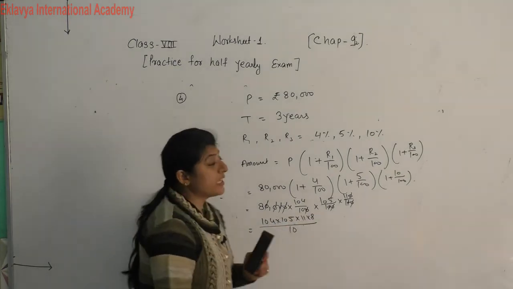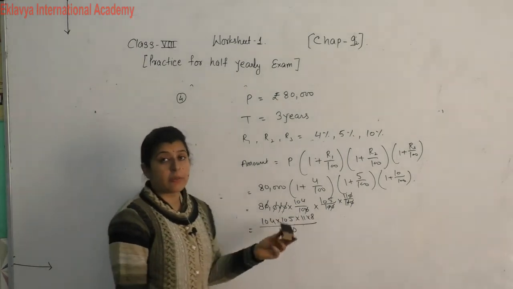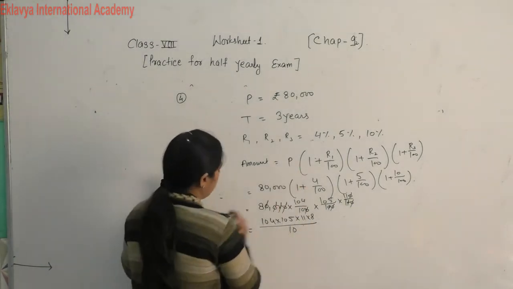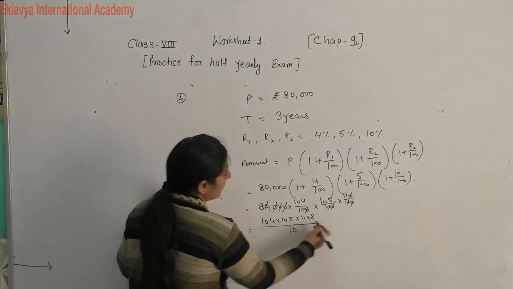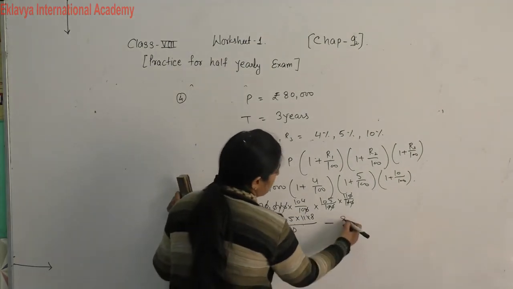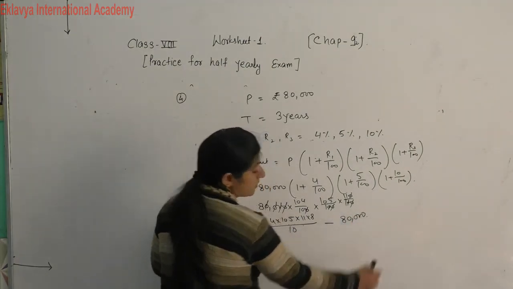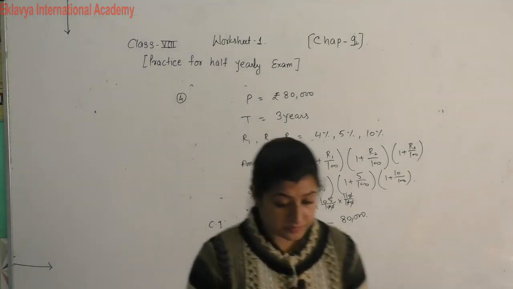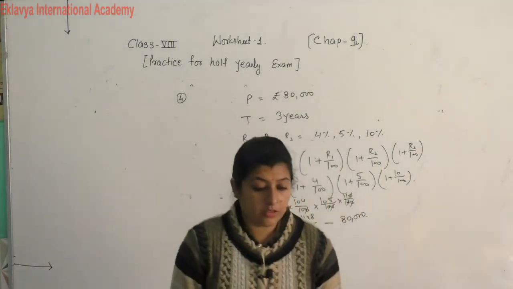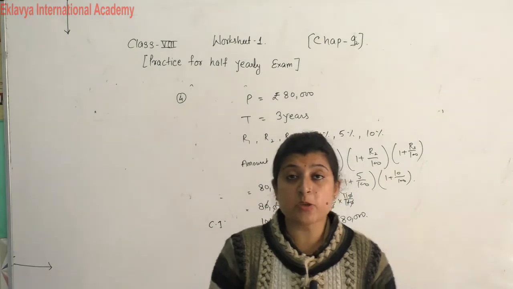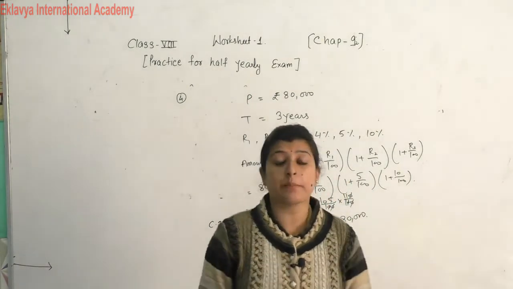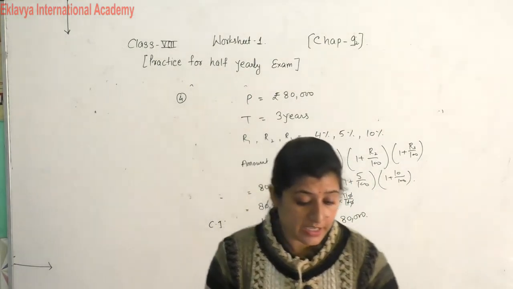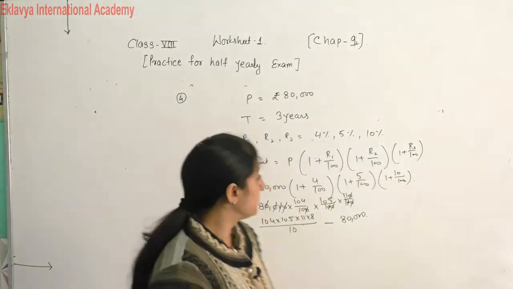When you solve it, you find out firstly compound amount, and for the compound interest, what we will do? This one result minus 80,000. Then completely, this is not a MCQ question, then you have to solve the complete answers. Okay, now see the next one.